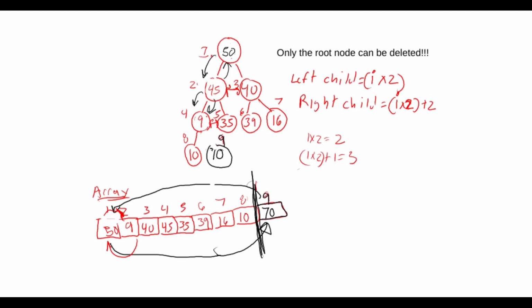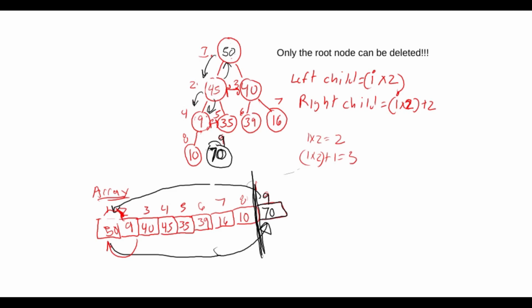Just make that a 70 to be clear. There is no right child for 9. So now we do the swap again in the array.